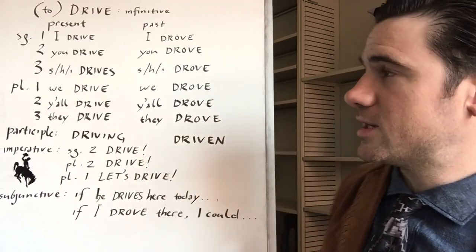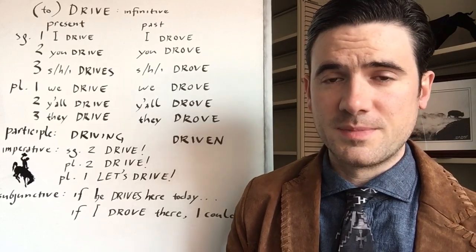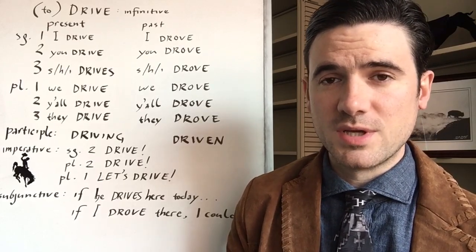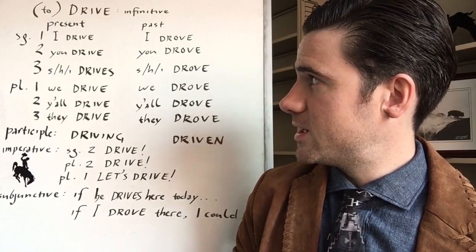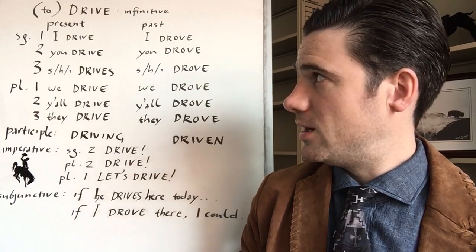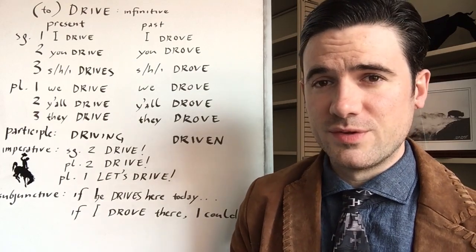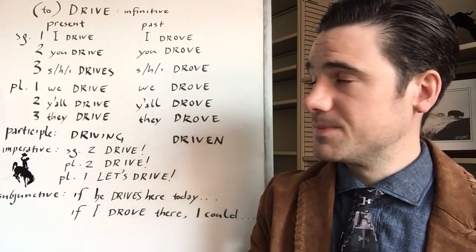So let's take a look first at verbs in English, because this is a good launching point for understanding verbs in Old Norse. If we take a typical verb in English, we see not a large variety of different endings, even if the verb serves many different purposes.